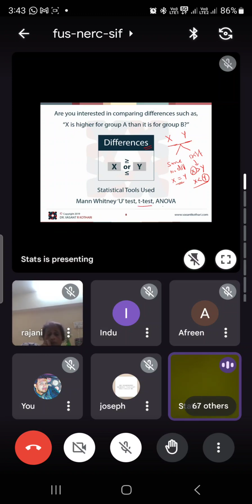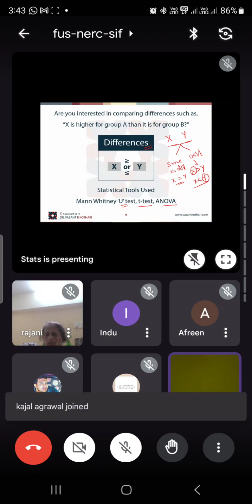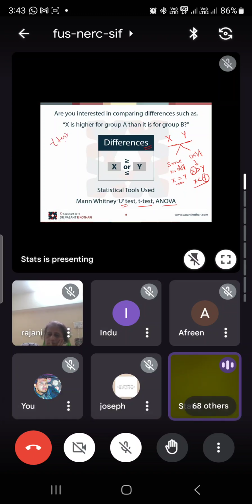And what tools are we using? T-test, ANOVA, and U-test. Now listen carefully, the difference between the T-test and the U-test. Student T-test we also call. If we have the two variables, we will use the T-test.